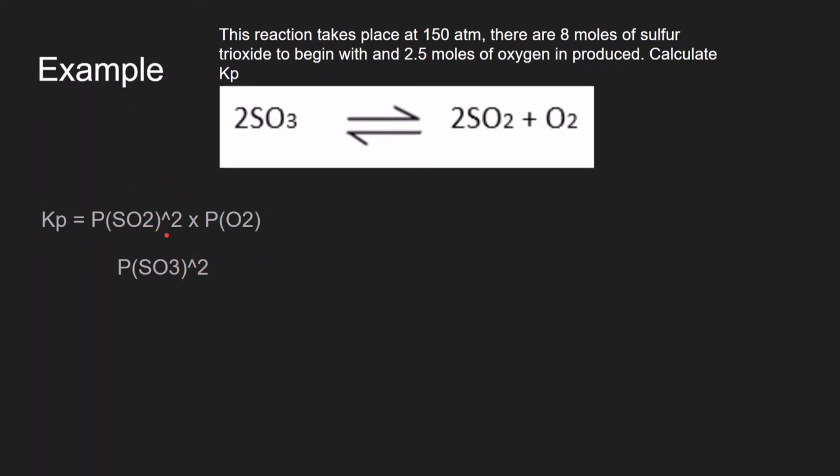So whatever the mole ratio at the front of the compound, we take as a power in the equilibrium constant. And if we sub in our partial pressures that we've just calculated, we can see that we have this equation, which we can easily do on the calculator, to find that our equilibrium constant is 98.8 atmospheres.